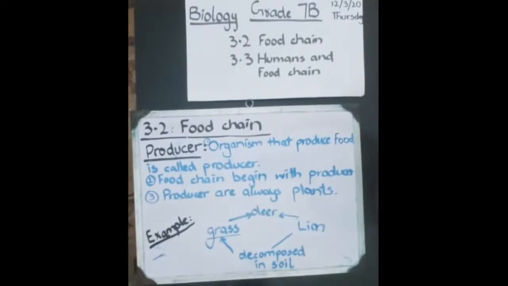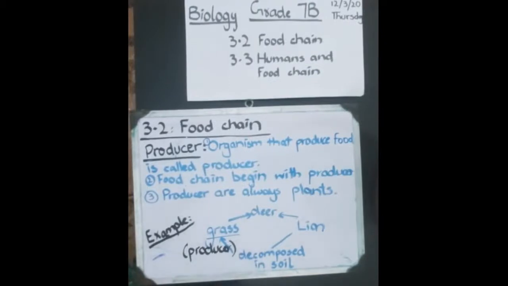Organisms that produce food are called producers. Number 2, food chain starts or begins with producer. Number 3, producers are always plants. So in this food chain, grass is our producer.